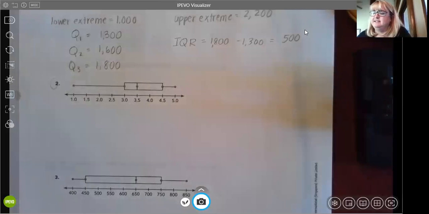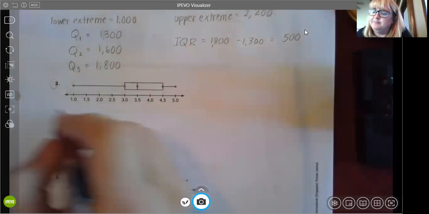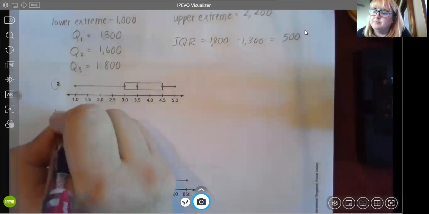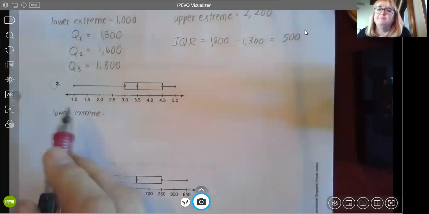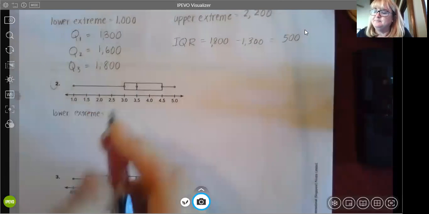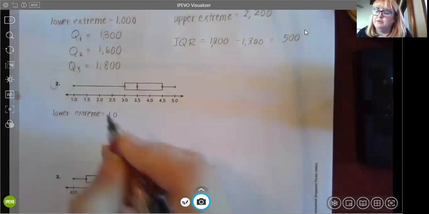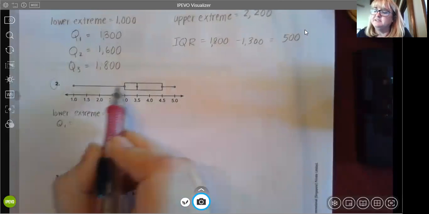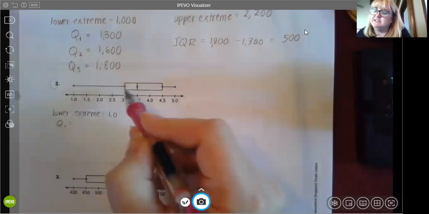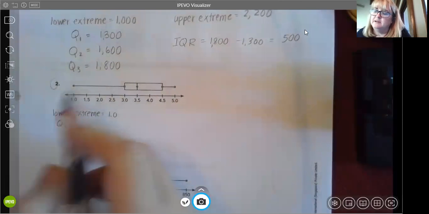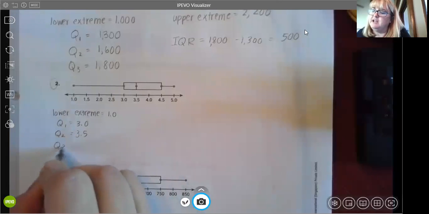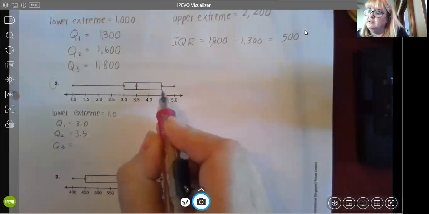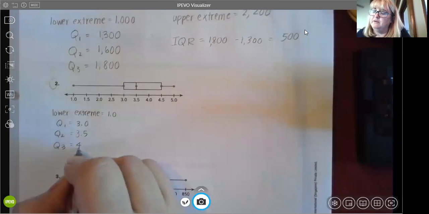All right, so our lower extreme is our minimum, 1.0. Q1 is our next point. That's at 3.0. Q2 is our next point, 3.5. Q3 is our next point, 4.5.